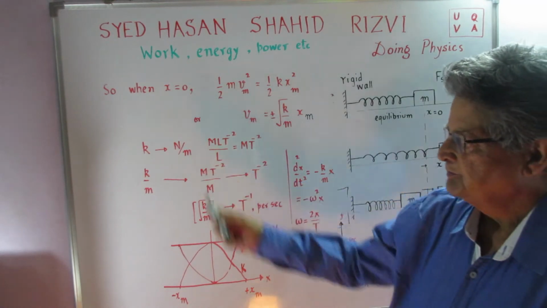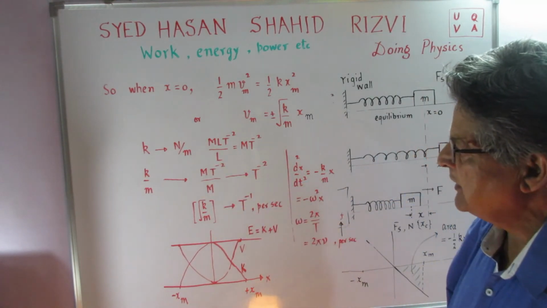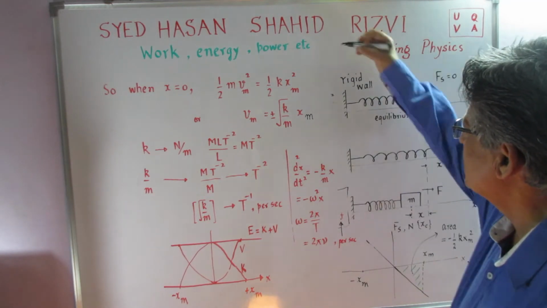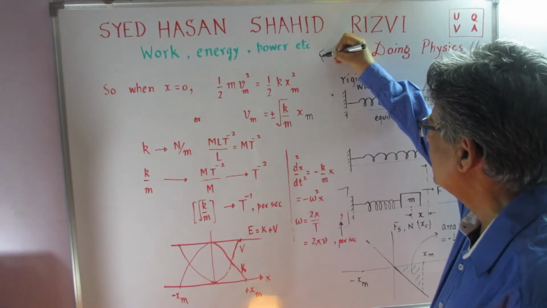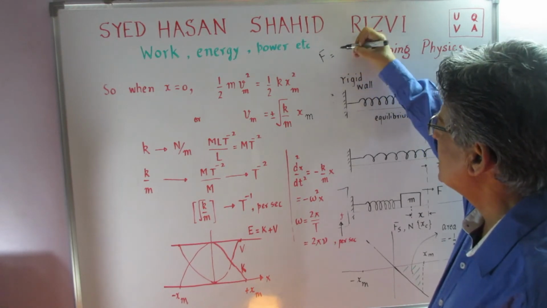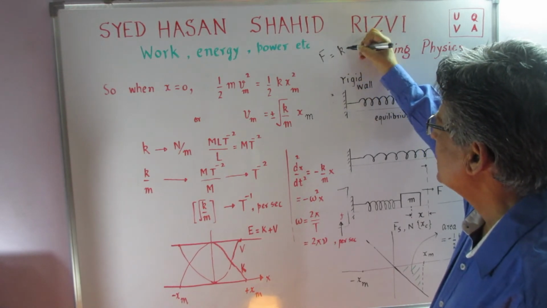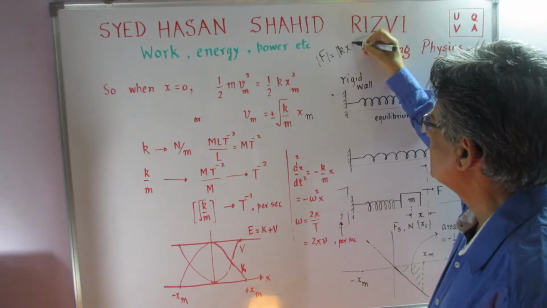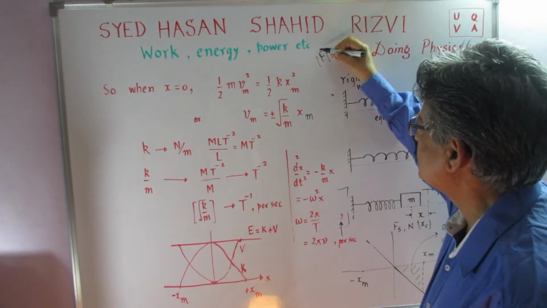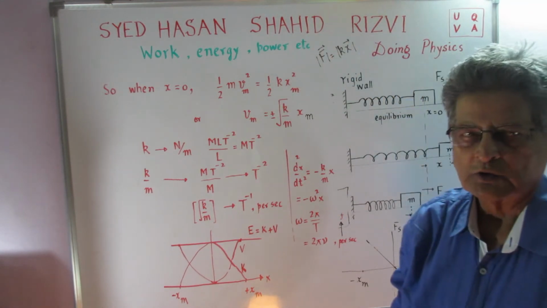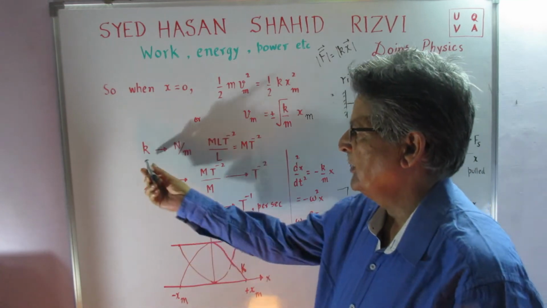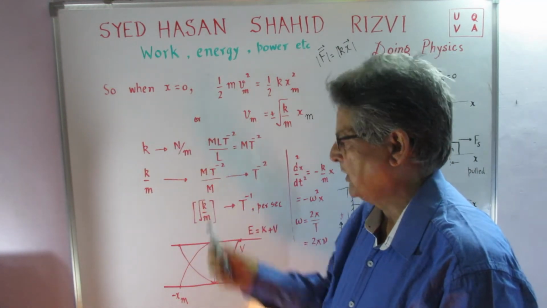Now k, the spring constant, comes from the force being equal to kx, the magnitude being this. So k is in newtons per meter.